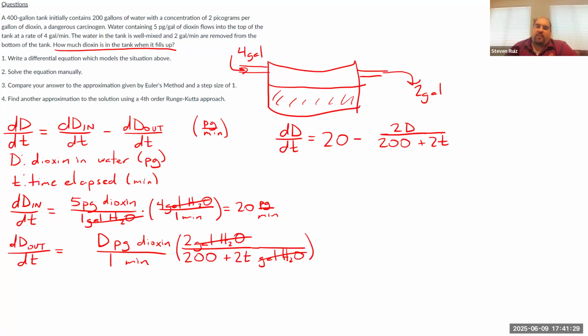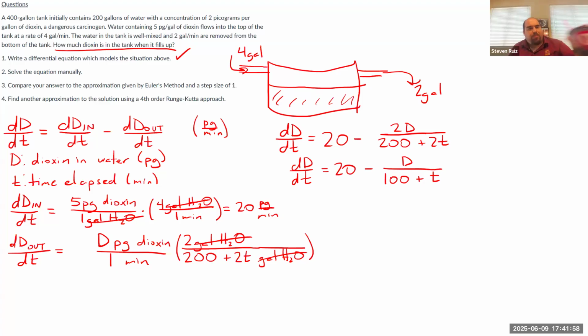Every coefficient in this second term in my differential equation is even. So I'm going to rewrite this as dD/dt equals 20 minus D over 100 plus t. Okay, so here's my equation, which I think we're done with number 1.